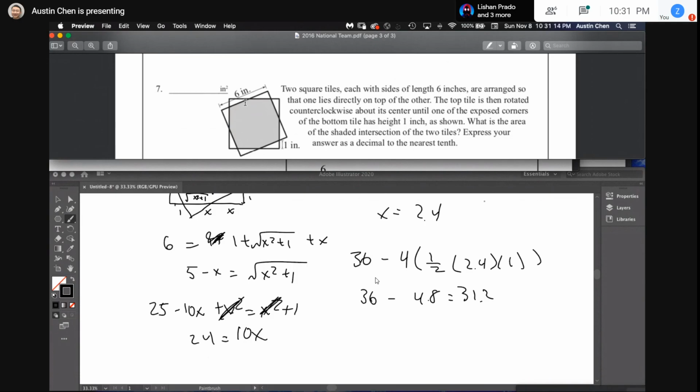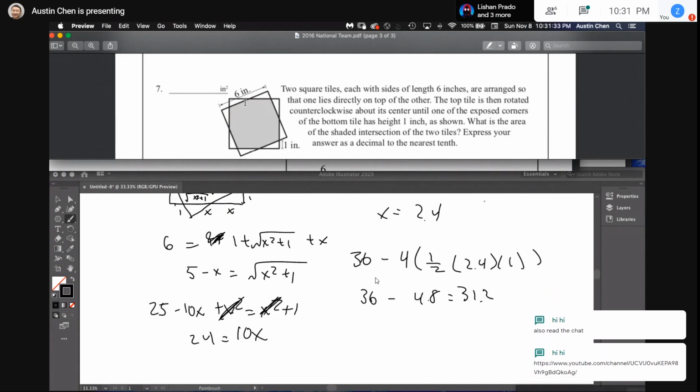All right, that's all we're going to do for today. Also, what do you guys think we should move on to next? 2015 state or 2015 nationals? 2015 nationals, okay.